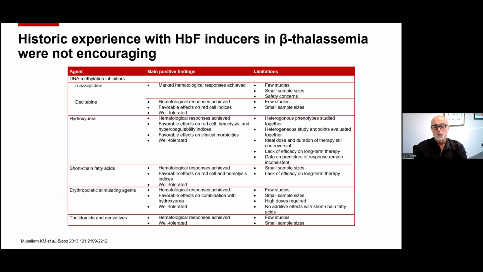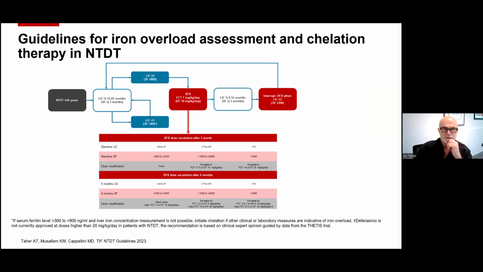Some of them were not really further investigated. A good example would be hydroxyurea. We have different data from different parts of the world, but we do not yet have a large multi-center trial on hydroxyurea. However, it's worth trying it on each and every patient with NTDT, at least to see what the outcome is in this group of patients.